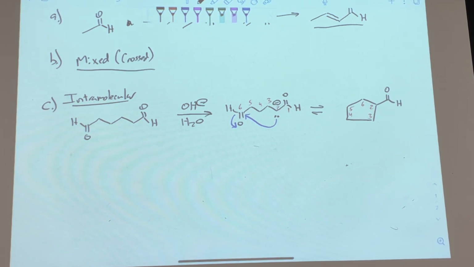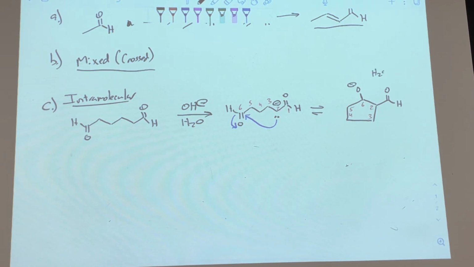So that's your aldehyde, the carbon number 1 as I numbered it. What else do we have in here? Carbon 6 should be that tetrahedral intermediate, so it's no longer a carbonyl, it's the O-. All right, from there, just as in the previous mechanisms, that alkoxide is going to protonate from the water solvent.